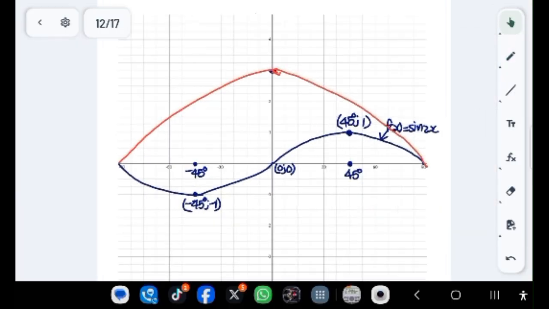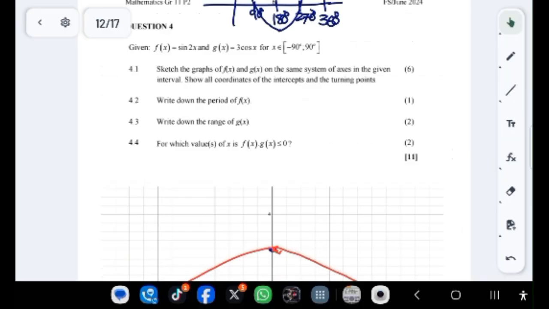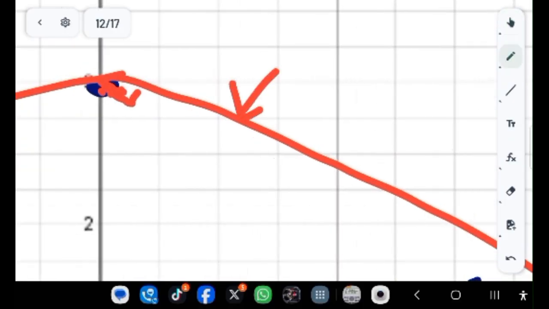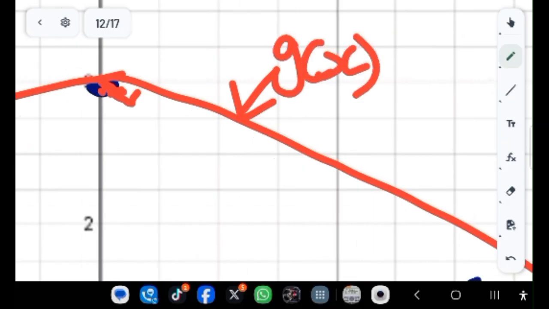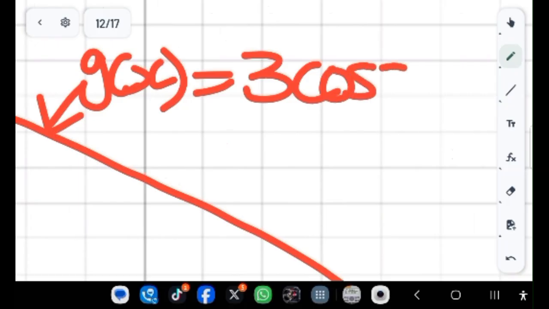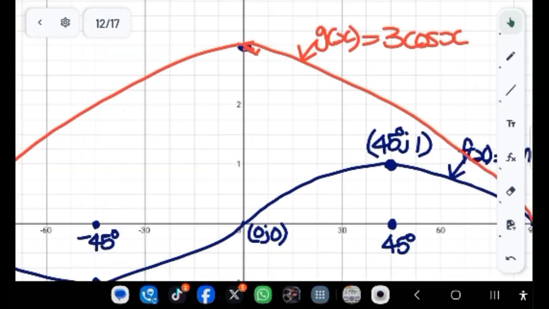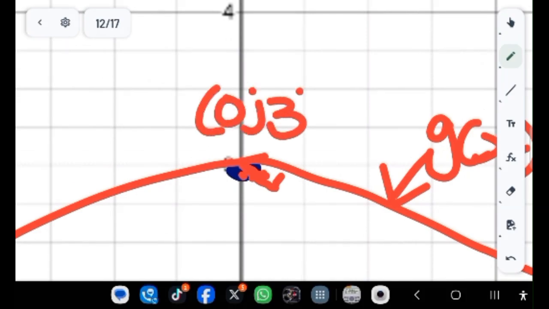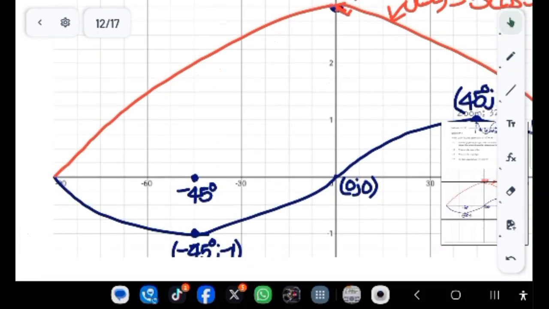Okay, here we go. So this is the graph of y equals 3 cos of x, g of x. And this is 0, 3. These are the coordinates.